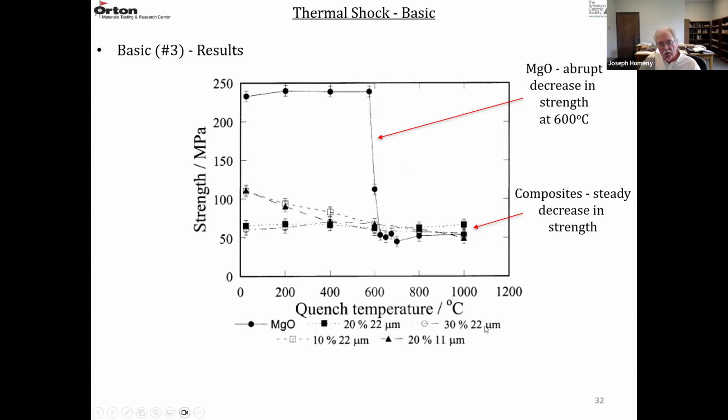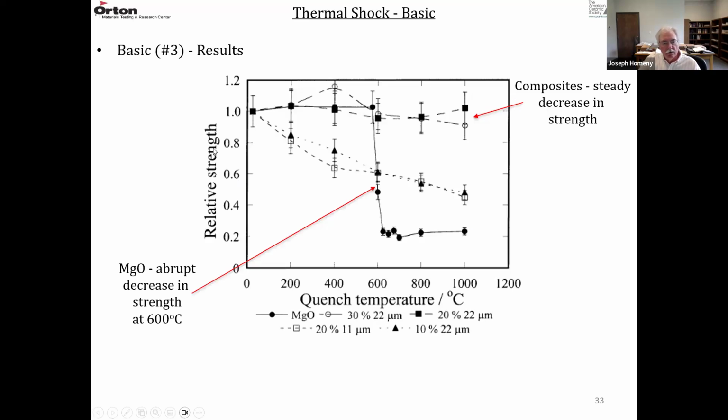So these are the higher loadings in the larger sizes. They start out with a low strength, and really not a great deal happens. They just continually lose a small amount of strength as you increase the quenching temperature. So this is how you want to design a refractory. You don't want these abrupt changes in strength, which could be catastrophic. You want a gradual strength loss.